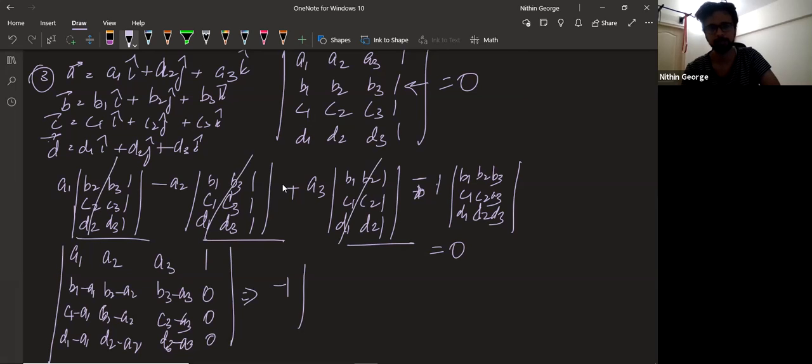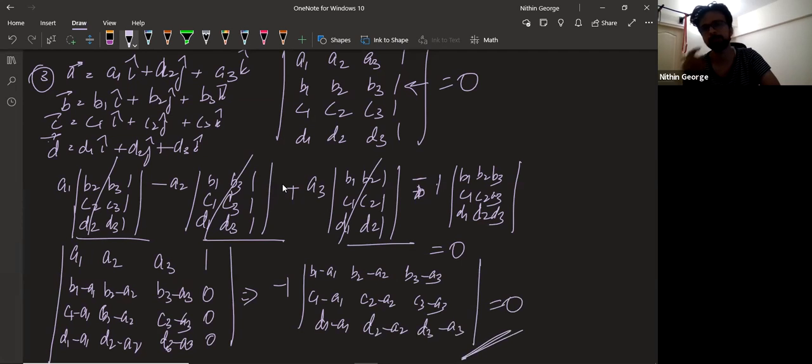So this can be written as minus 1 into the determinant with rows b1 minus a1, b2 minus a2, b3 minus a3; c1 minus a1, c2 minus a2, c3 minus a3; d1 minus a1, d2 minus a2, d3 minus a3, whole thing coming out to 0.